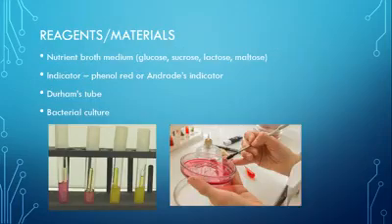The reagents or materials that we require for carbohydrate fermentation are, first of all, nutrient broth medium, which is specific for all of these four sugars: one having glucose, one having sucrose, one having lactose, and one having maltose. That means we have four of these tubes. Then the indicator present in the medium, the phenol red indicator or the Andrade's indicator.